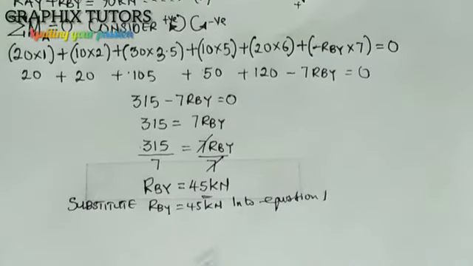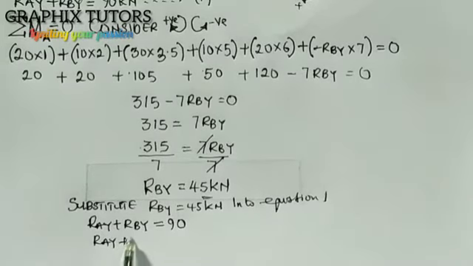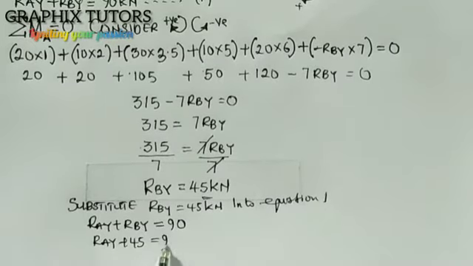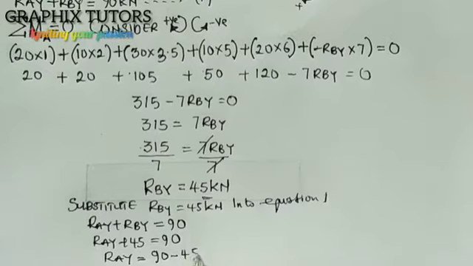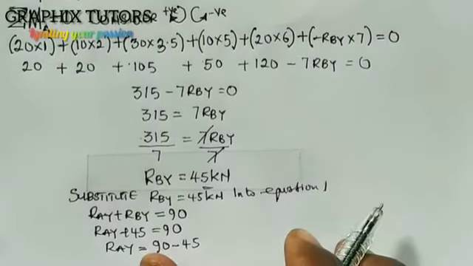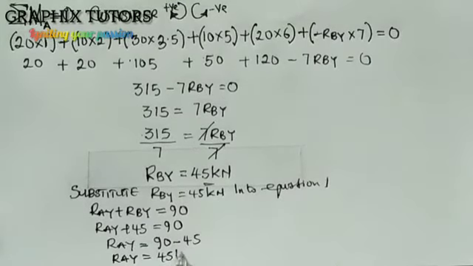So I'll put it there that ROAY plus ROBY is equals to 90. So it means that my ROAY plus 45 is equals to 90. ROAY is equals to 90 minus 45. And my ROAY is going to give me 45 kilonewton.